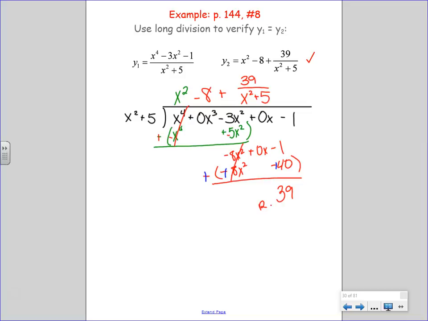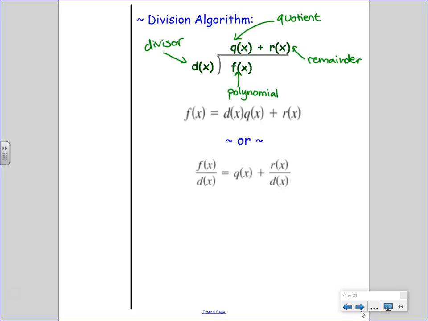Now, to kind of help us out with that, you guys saw the answer at the beginning. We were just supposed to verify that it's true, and we did. There is a quick little algorithm. You're not going to have to memorize it, but I do want you to write it. There is a quick little division algorithm.